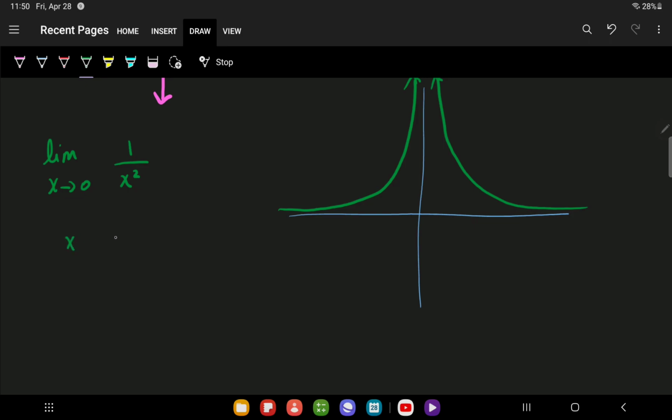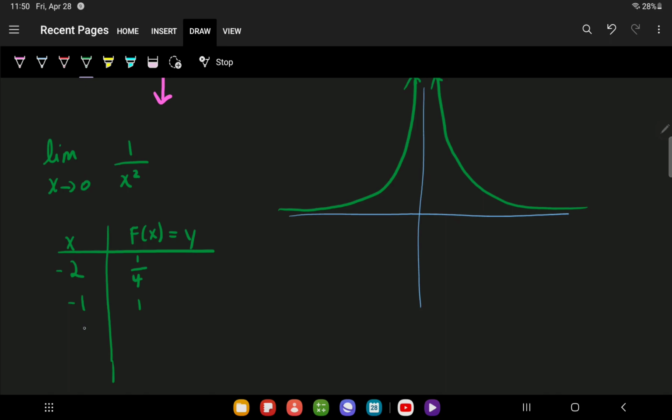So if we get x and our y, or f of x, right? If I plug in -2, I'll get 1 over 4. If I plug in -1, I'll get 1.